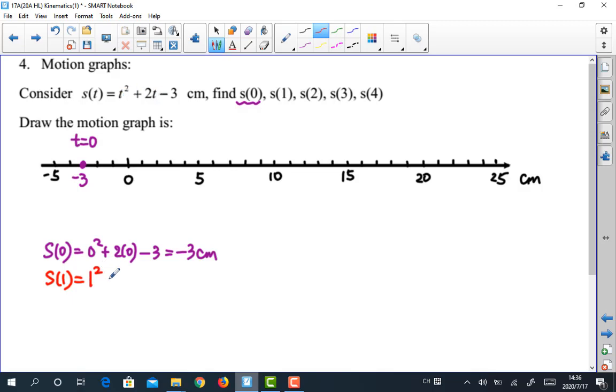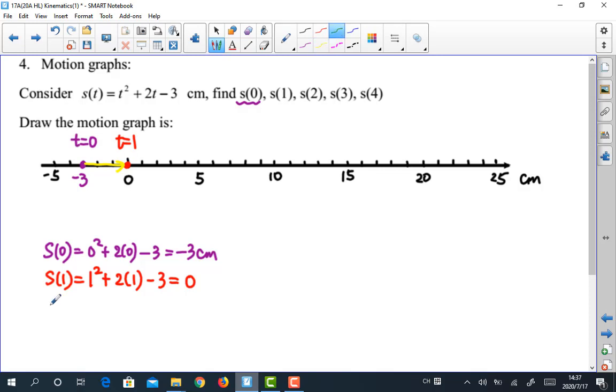It should be 1 squared plus 2 times 1 minus 3, which equals 0. So when t equals 1, the moving object moves here. From t equals 0, that's where the moving object is. To t equals 1, that's where the moving object is. So from t equals 0 to t equals 1, the moving object moves from this one to this one.